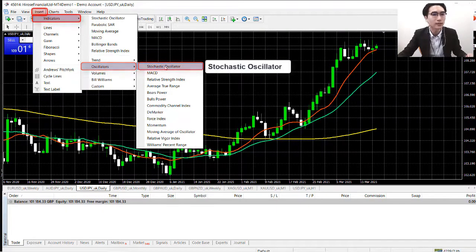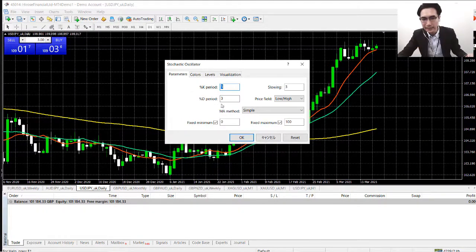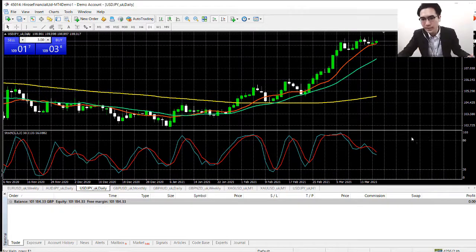We just click on it. Here it's all on default, so at this moment we don't need to change anything. Just click on OK. Now we see that the stochastic appears on our chart. We see the overbought and oversold levels. So this is the stochastic.